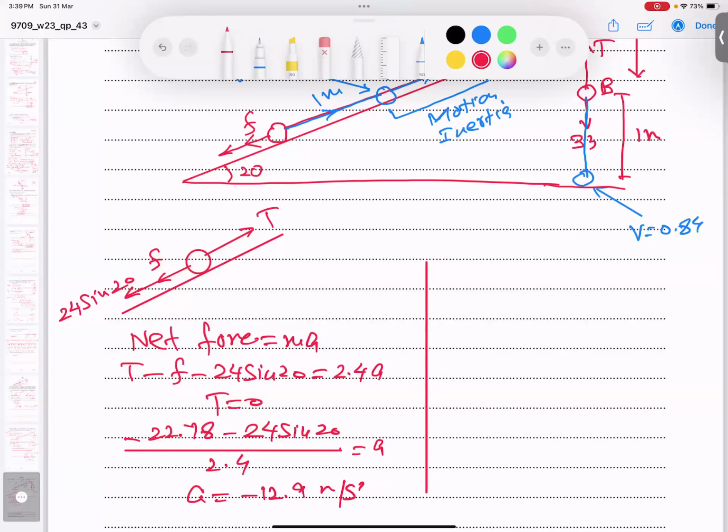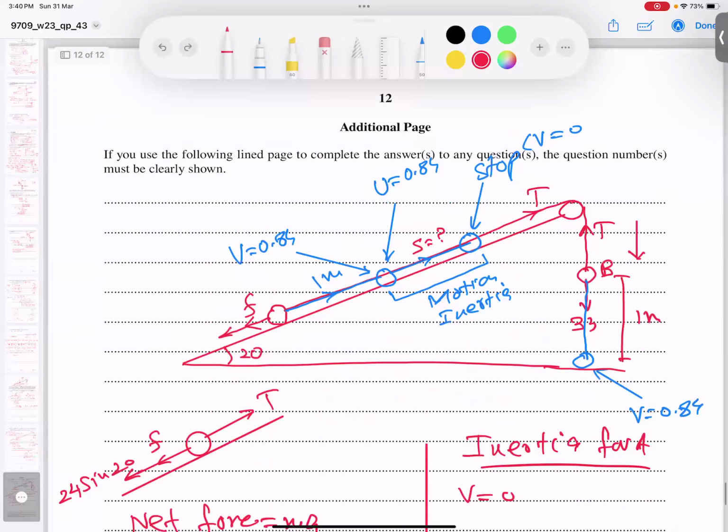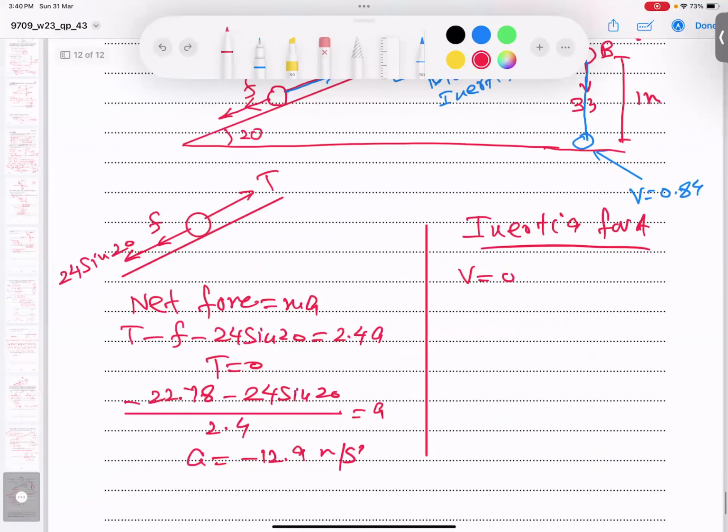Now I can use this inertia for the particle. Naturally the last velocity is 0, because it stops. And the final velocity of the previous motion will become the starting velocity of this motion, 0.84. So u is 0.84 and acceleration is negative 12.9. s is the target.